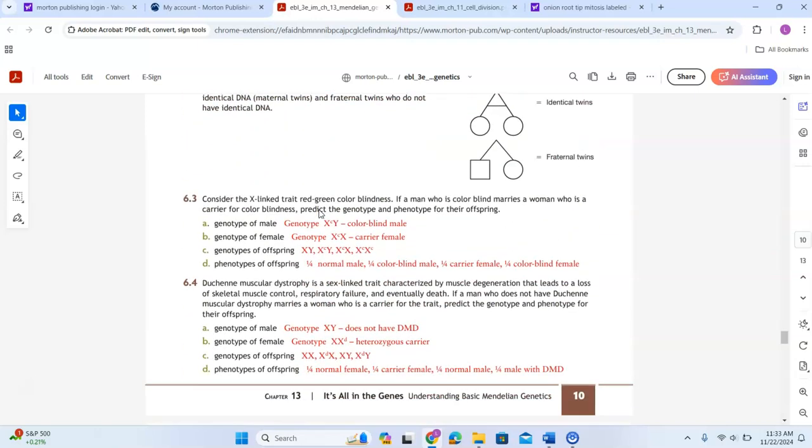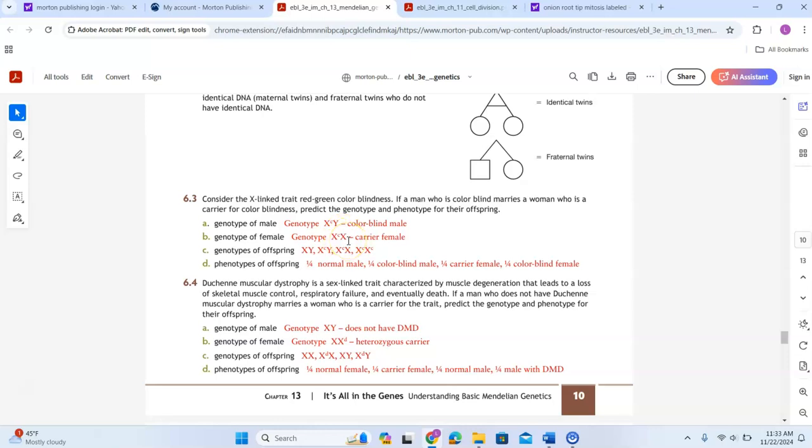which are sex-linked, so 6.3 is about red-green color blindness, and it says the man is colorblind, the woman is a carrier. So the father's genotype is X^c Y, and the mother's genotype is X X^c.